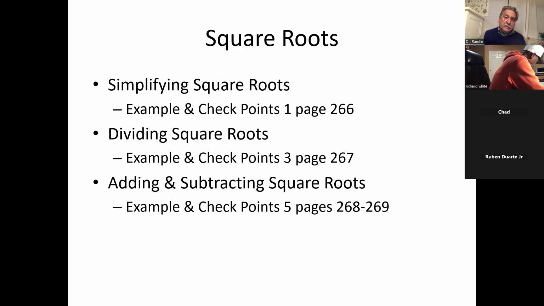Maybe it's easier if I write down the number of the pages and do these things with the tablet. I think that's much more clear. Let me just write it down. 266, 267, 268, and 269.